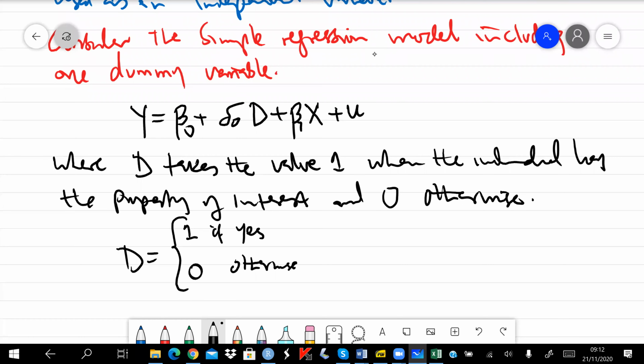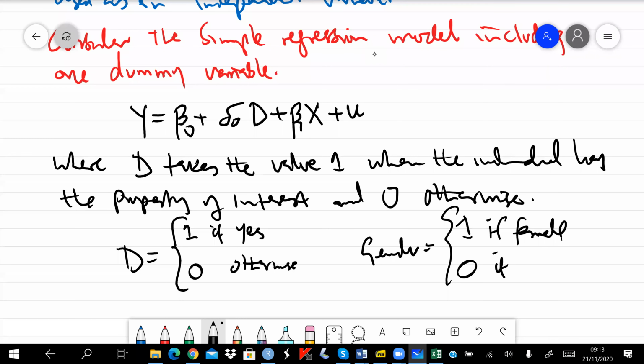For instance, if D is the dummy for gender, you can have 1 if female, 0 otherwise.